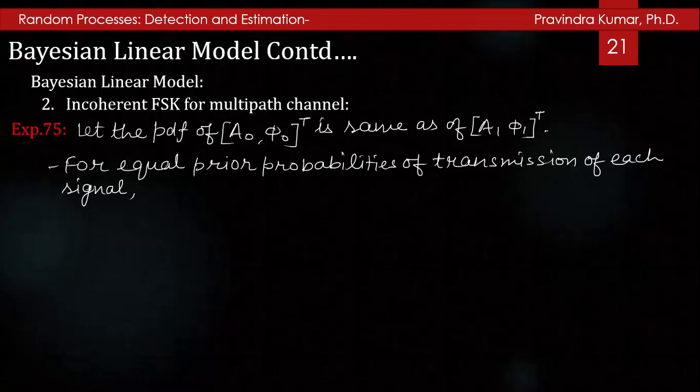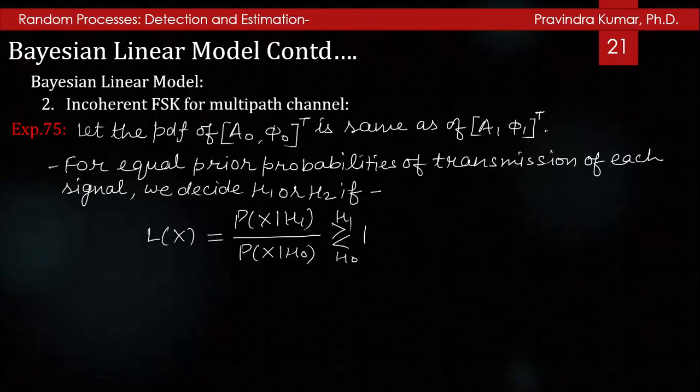For equal prior probabilities of transmission of each signal, we should decide H1 or H0 according to whether the likelihood ratio, the conditional PDF under hypothesis H1 divided by the conditional PDF under hypothesis H0, is greater than or less than 1.